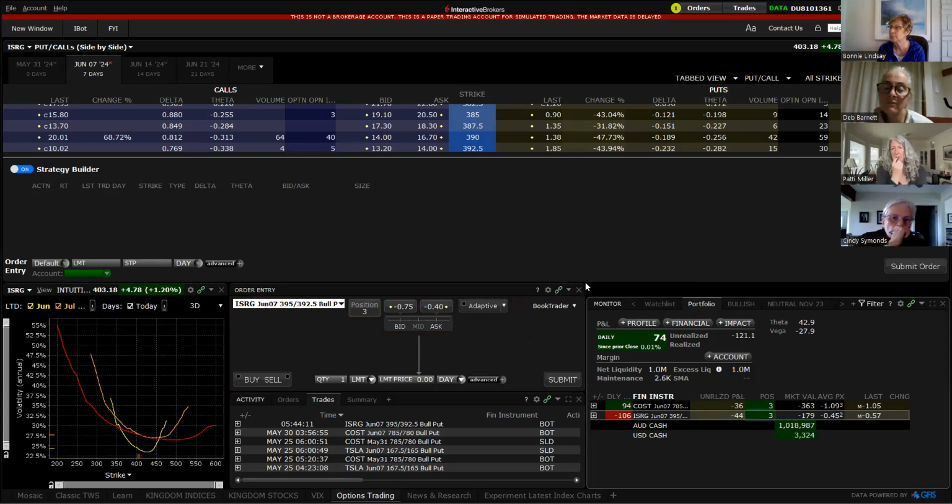So does that help with how you determine the limit price, like when you're making your trade, what you put in there in your strategy builder? I understand it a little bit more.